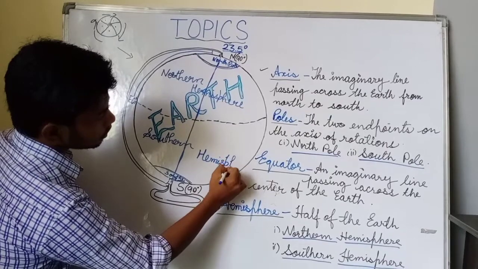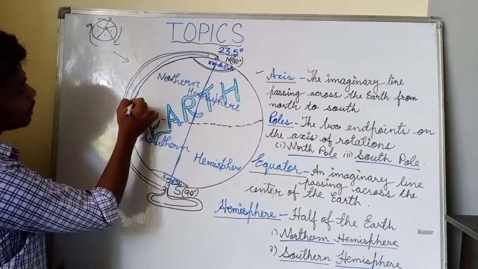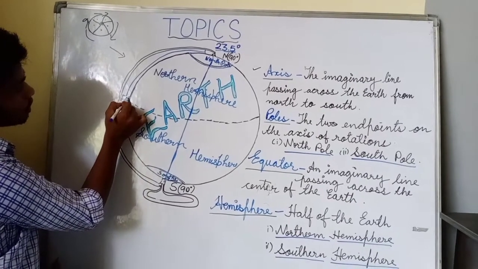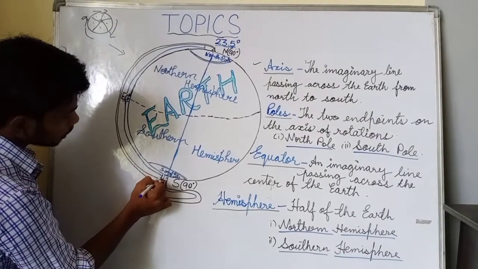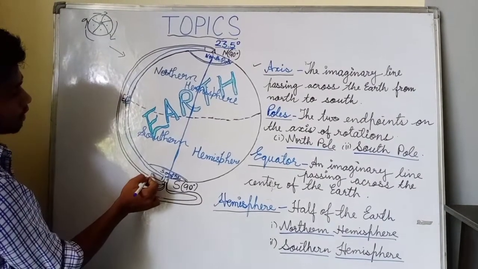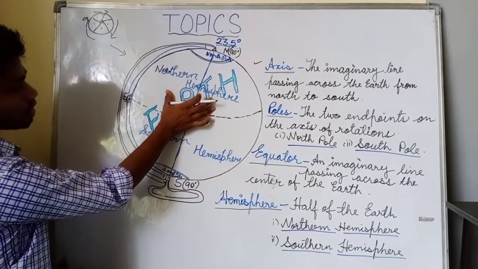It is the lower part of the Earth, from the equator at 0 degrees down to here. This is called the Southern Hemisphere, and this is called the Northern Hemisphere.